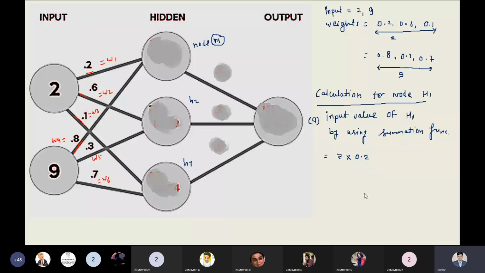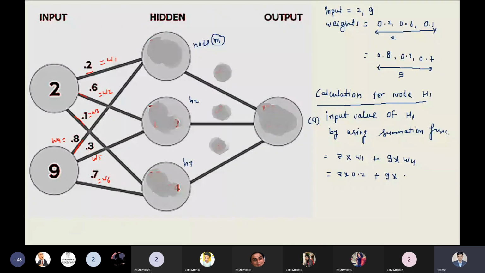Or for simplification, I can say it like this, for betterment, so everything will be more clear. We can say 2 into W1 plus 9 into W4. Can I say like this? Yes, sir. So 2 into 0.2 plus 9 into W4.